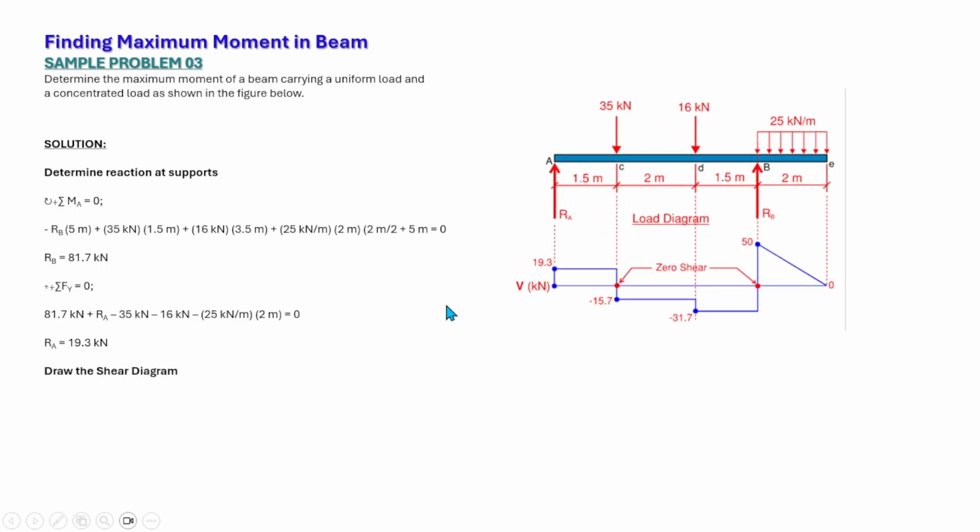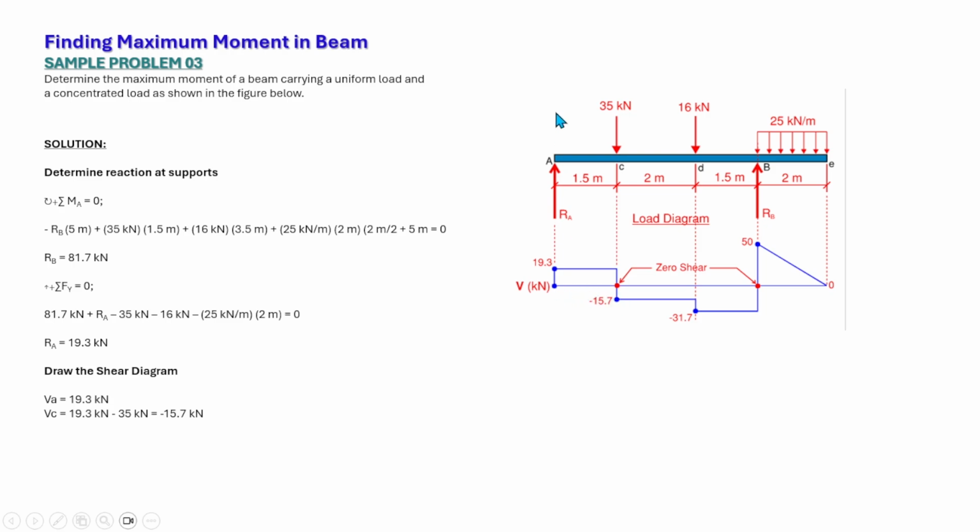To draw the shear diagram, at point A we start from 0 plus the reaction at A, which is 19.3. So the shear at point A is equal to the reaction at this point. The shear at point C is 19.3 kilonewton minus 35 kilonewton, that is a dropping load, and that is equal to negative 15.7.